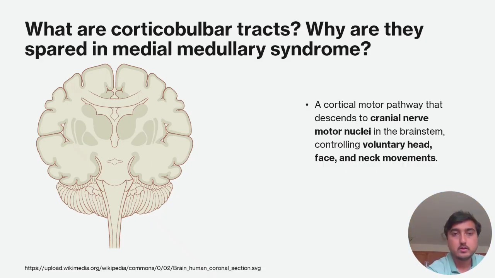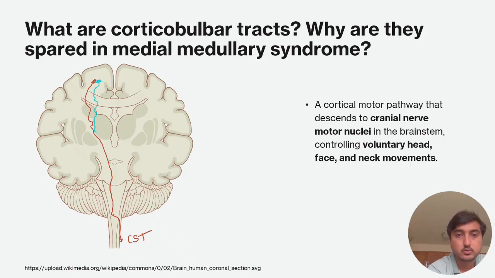We know that the corticospinal tracts originate in the cortex, pass from this internal capsule, descend downwards in the caudal medulla, they decussate to the other side. So this is the corticospinal tract. Just like the corticospinal tract, for the motor cranial nerves, we have another tract similar to the corticospinal tract.